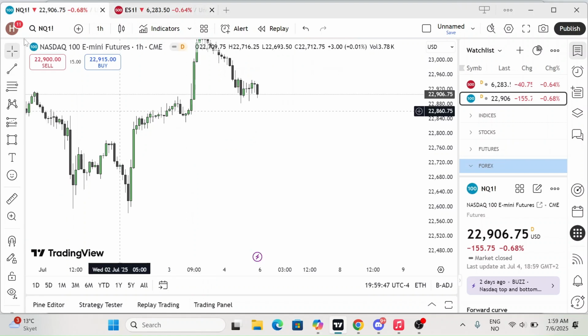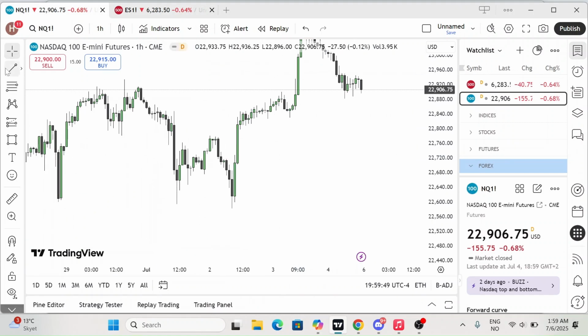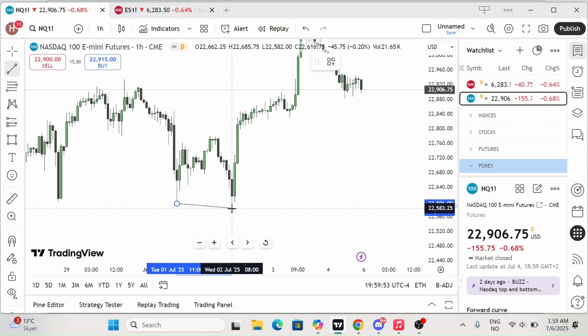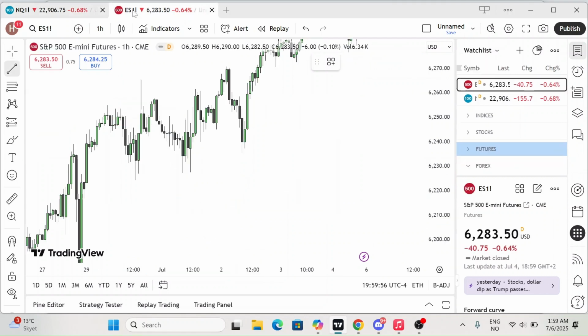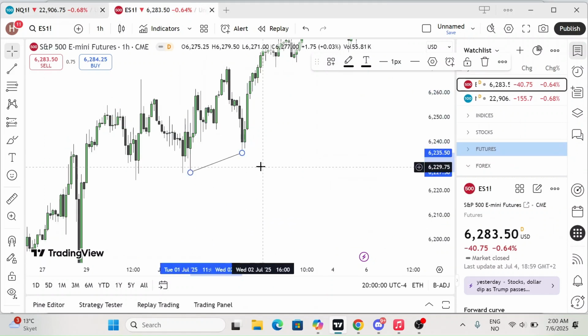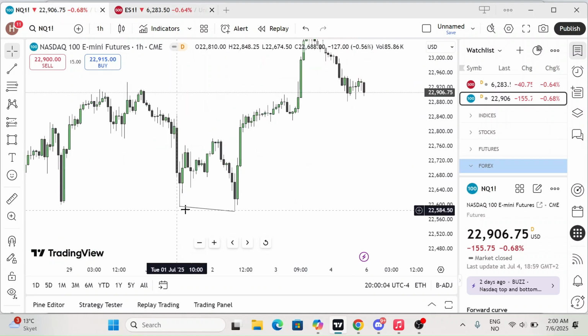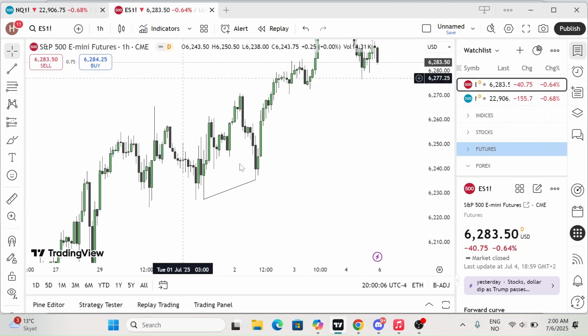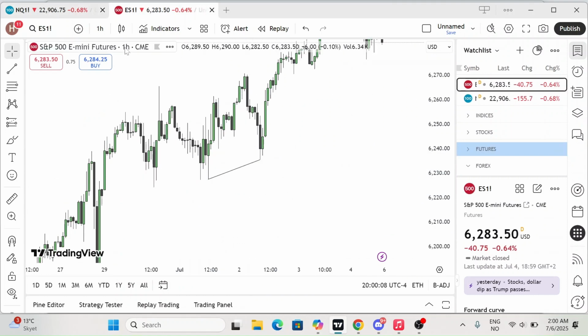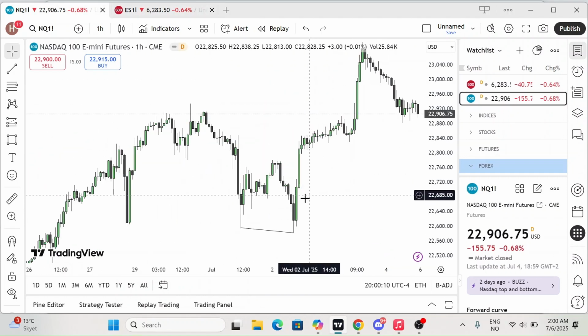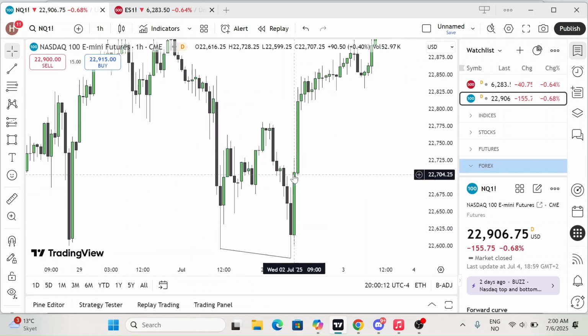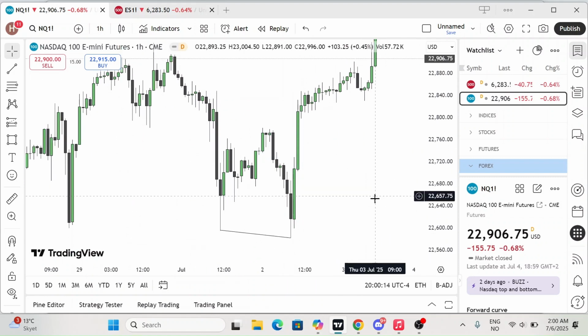So right here you can see we have this low, and we make a lower low on NQ. While on ES we have this low and we make a higher low, right? Do you see this difference right there? On NQ we have a low, we make a lower low. On ES we have a low and we make a higher low, right? This will give us a really good shorting opportunity right here on NQ.